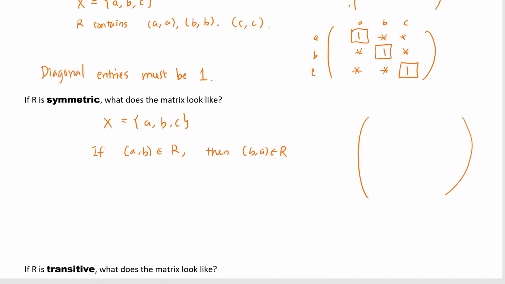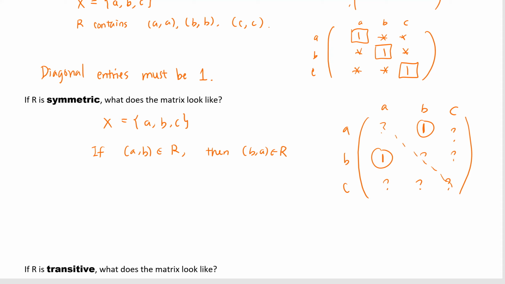Let me draw it here: ABC, ABC. If AB is in R, then BA is right here. So you can see this is 1 and this is 1, and all the other entries we don't know. And you can say this matrix is symmetric.